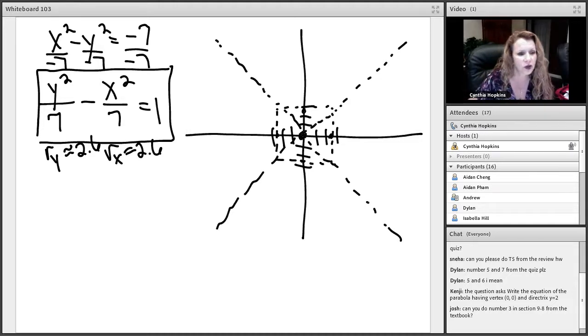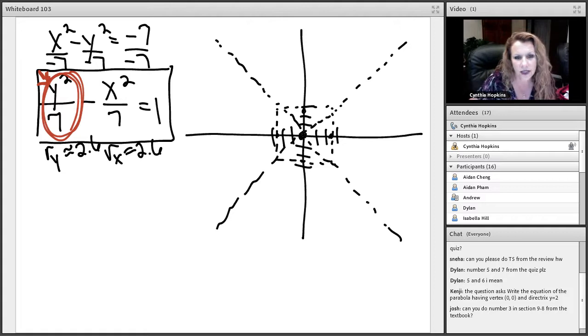You have to know which way it's going to open. When your equation is all set up like I have here in the box, and your minus sign is in the middle, the leading positive term, the first term, tells you which way your hyperbola branches are going to open. The y is in the leading term, and so that means it's going to open up and down.